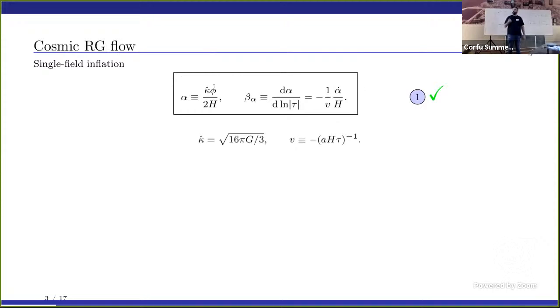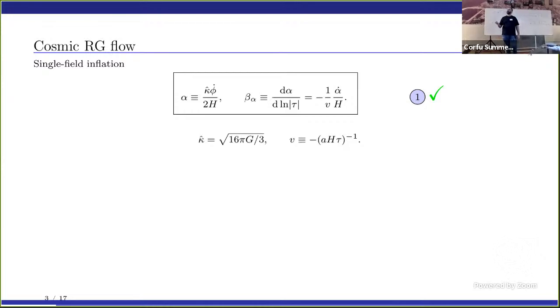The small parameter that I will call the coupling constant, just because it's the analog of the coupling constant, is alpha, and it's defined in this way. It's related to the slow roll parameter, proportional to the square root.